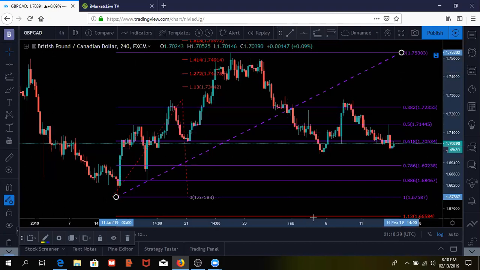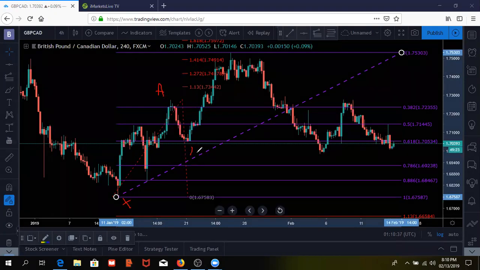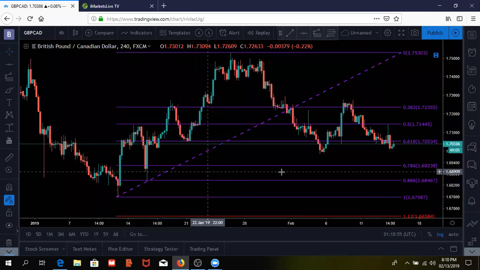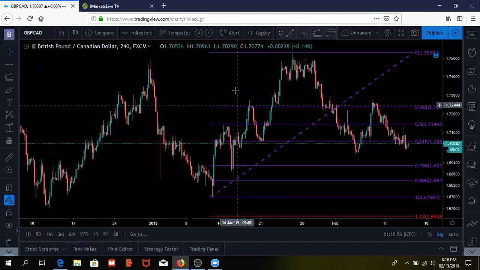So what we have here is X, A, our B leg, our C leg, and our D leg completes at this 78.6. Okay. So let me delete this real quick. So that's a possibility right there also.